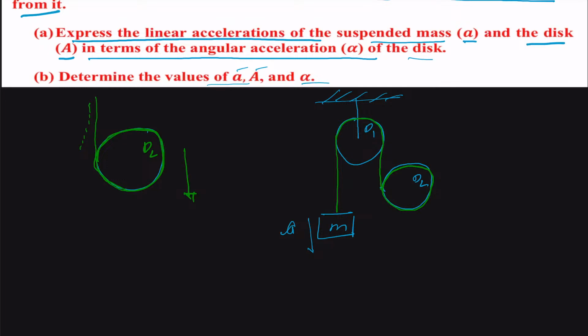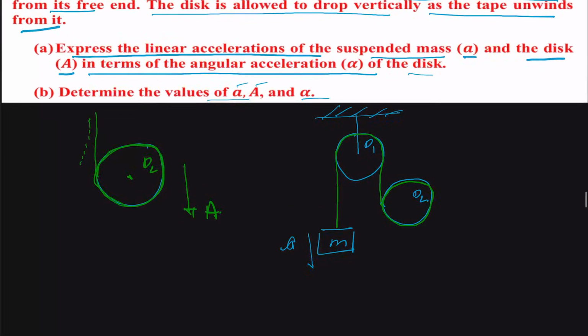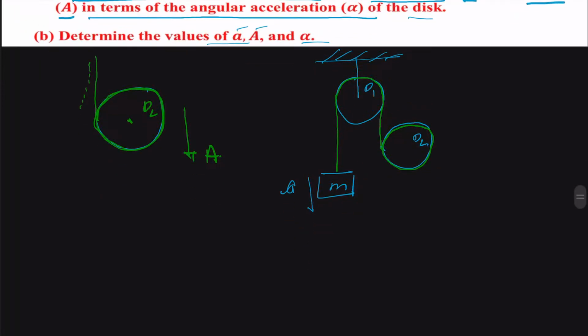So there will be two types of motion associated with disc 2: one is rotational motion, and the other is in the downward direction with acceleration a. It is moving with angular acceleration alpha, and a linear acceleration in the downward direction, A.